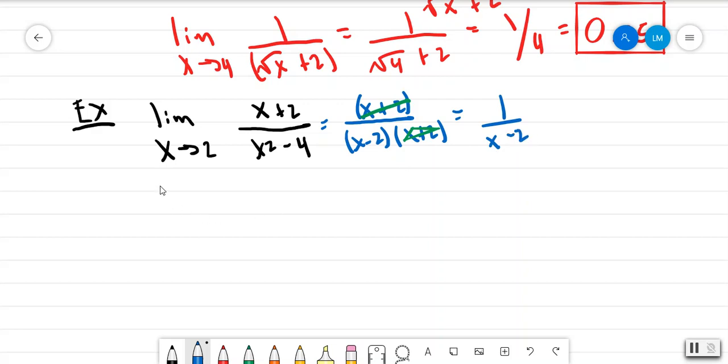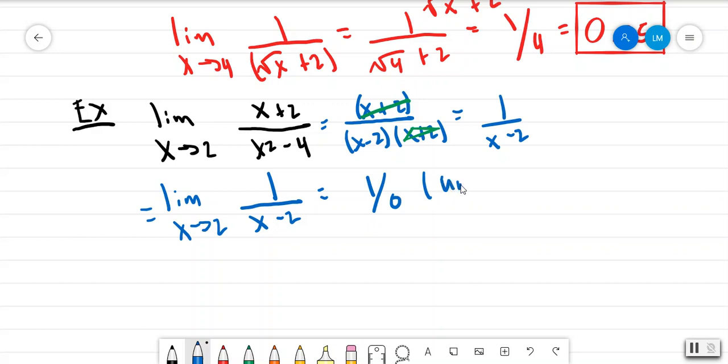But look at this. If we end up with that, then we're taking the limit as x approaches 2 of 1 divided by x minus 2. Now, if we plug in 2, we get 1 divided by 0, which is undefined. Because we did not get a real number, it just means that this limit does not exist.